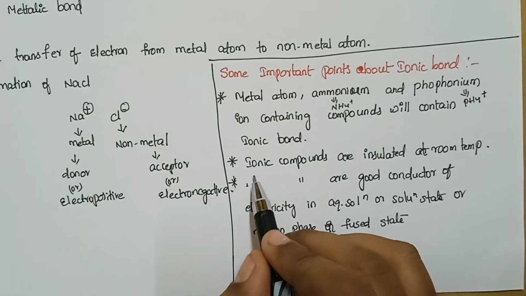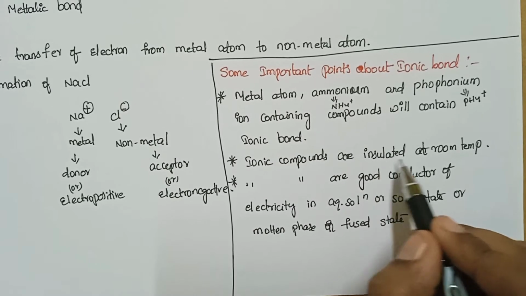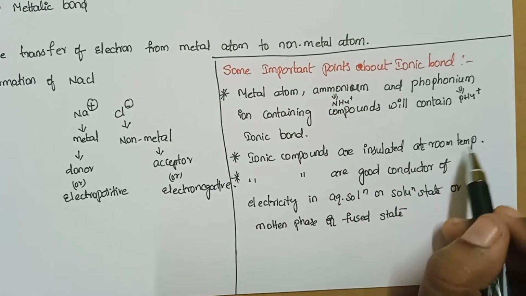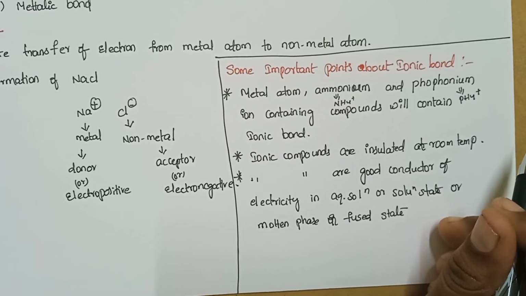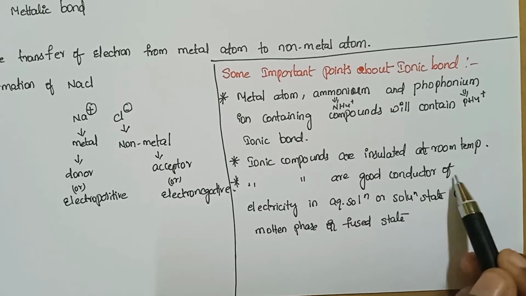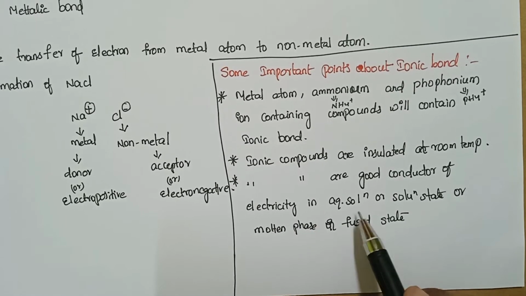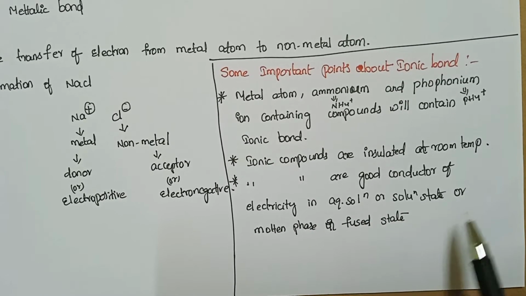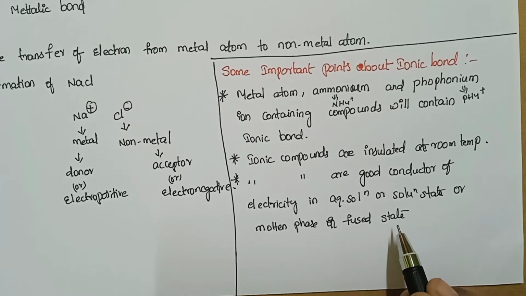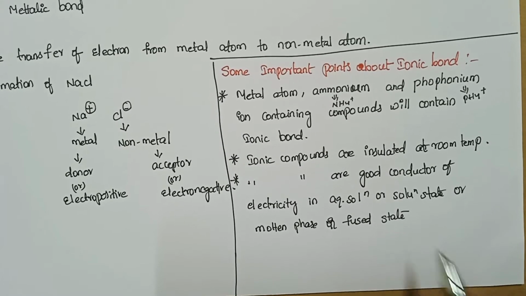The next point, ionic compounds are insulators at room temperature. The reason is absence of free ions. So next, ionic compounds are good conductors of electricity in aqueous solution or molten phase or fused state. Okay, now we will see an example.